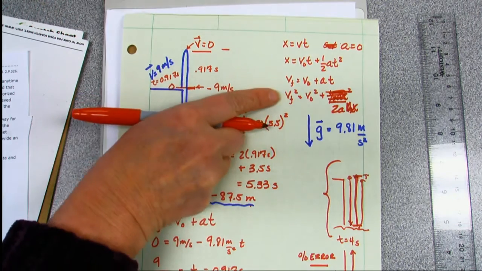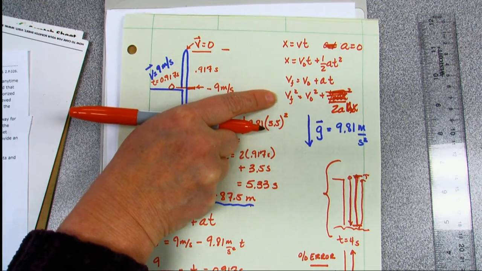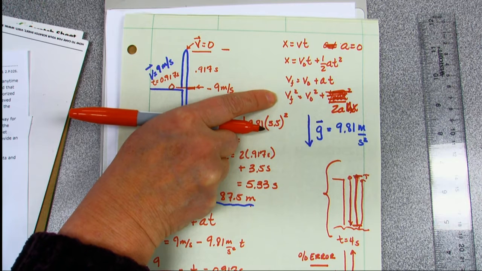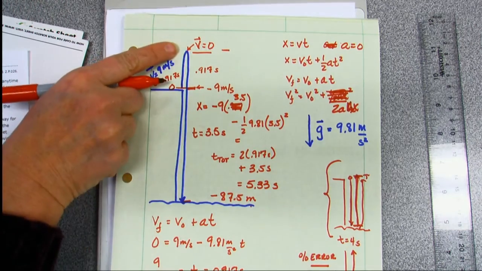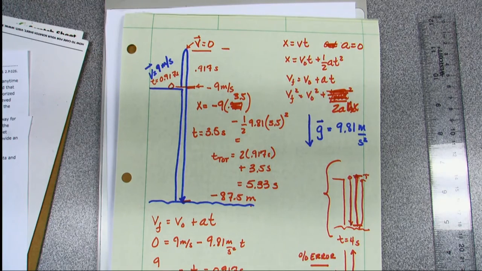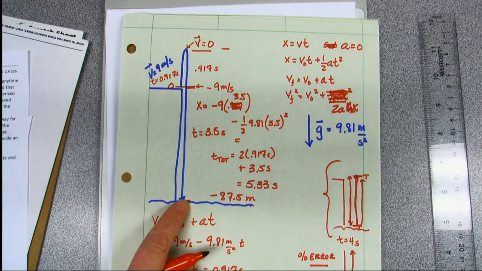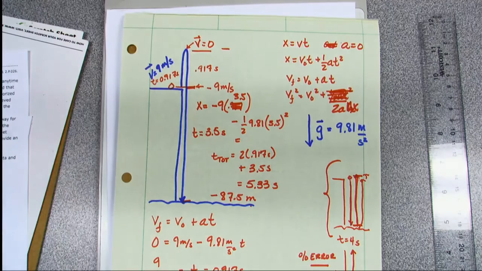You could solve it directly using this one, because that makes it easy, and I don't even need to know time for that one. I could find the total height that it falls right here if I know the final velocity. So I can find a variety of things and I don't have to use the same one.